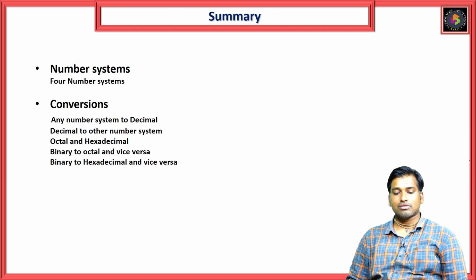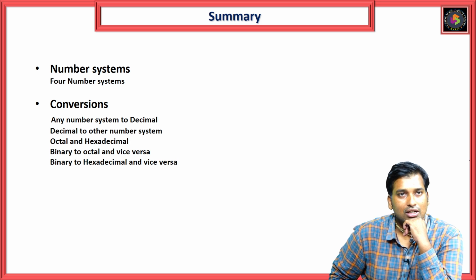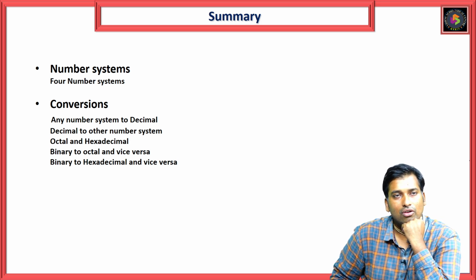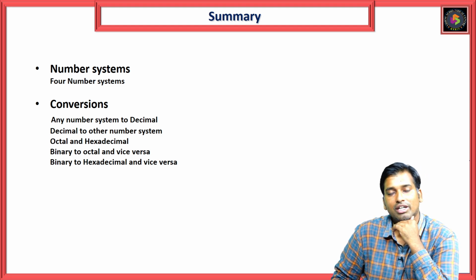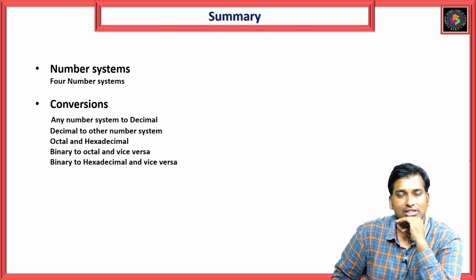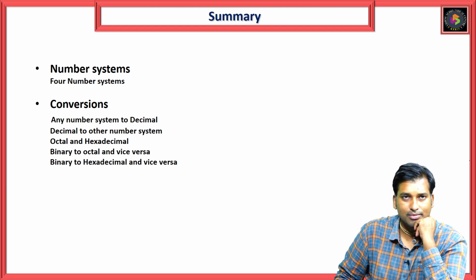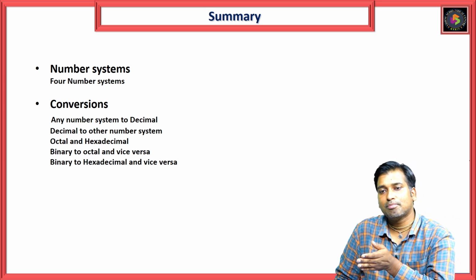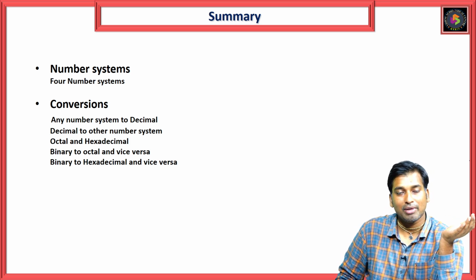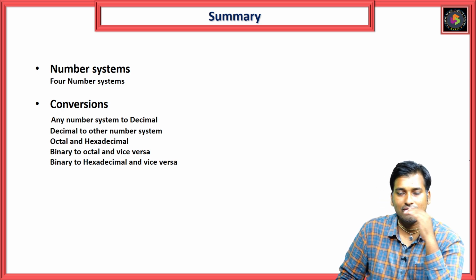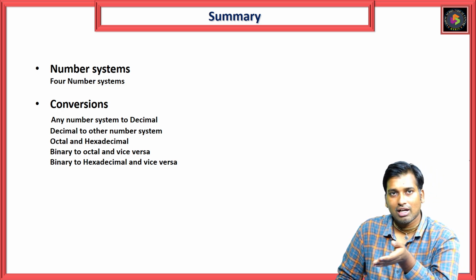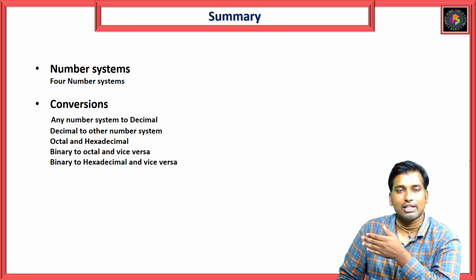So in summary, we have discussed the different number systems, mainly the 4 number systems, and we have also seen the different conversion mechanisms by which we can convert one number system to another. What is the need of this conversion? As I already said, binary digits can be understood by machines. Therefore, we need to convert from one number system like decimal to binary. And why are we converting it into octal and hexadecimal?